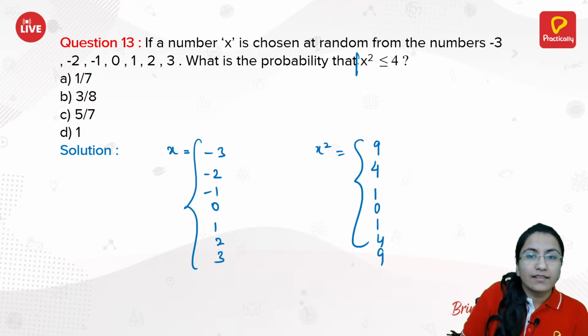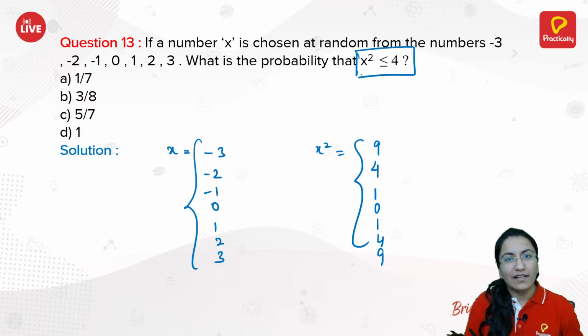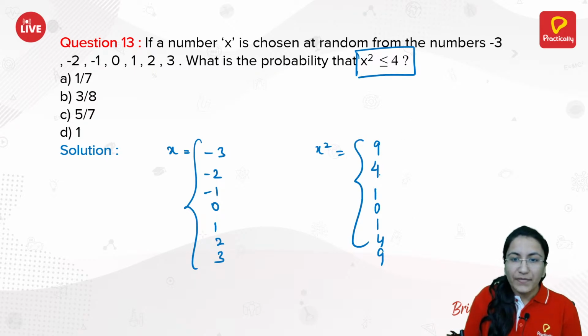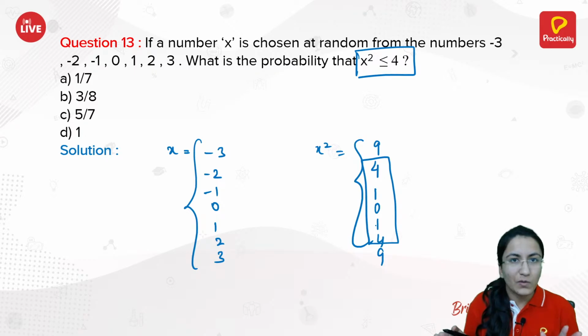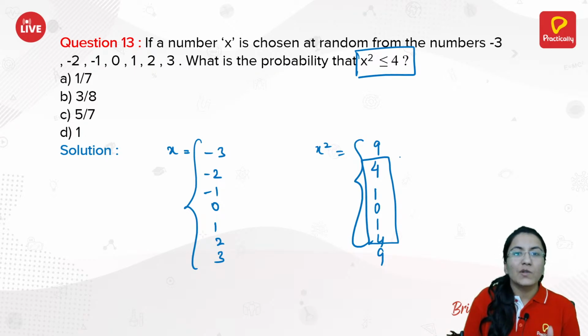Now you need this condition to be implemented, so as to find the favorable number of cases. We want these cases only, because 4, 1, 0, 1 and 4 are less than or equal to 4. So all these values satisfy the given condition.